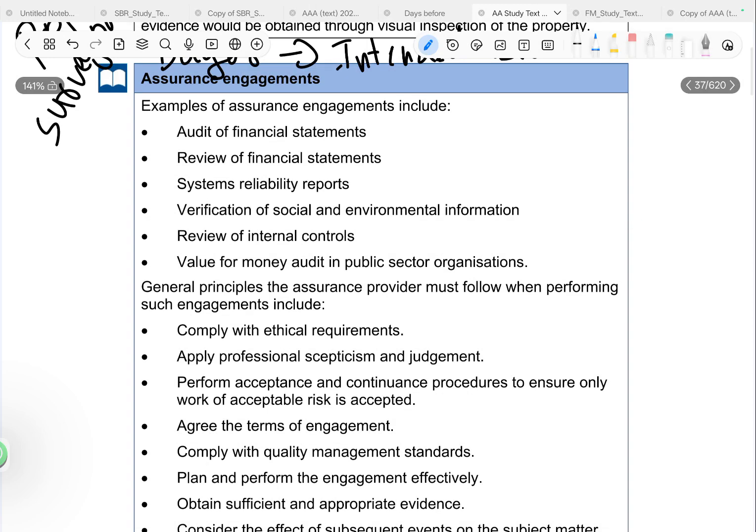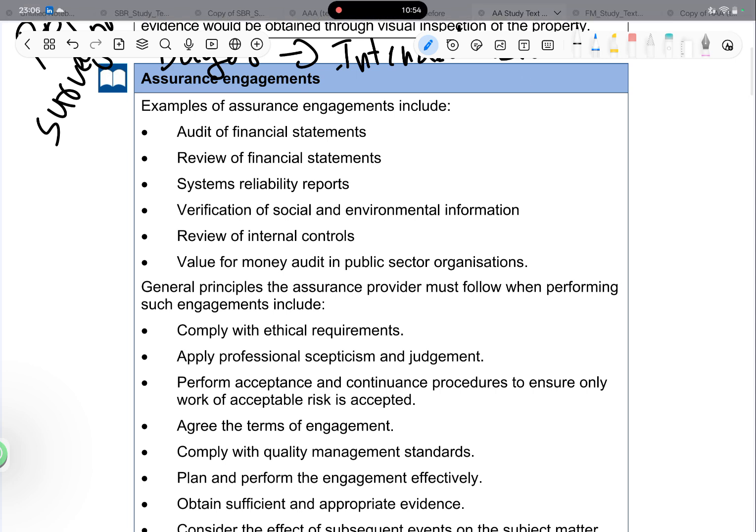Now, let's look at some common examples of assurance engagement. The most well known example is the audit of financial statements, where auditors check whether financial statements present a true and fair view. Another example is review of financial statements, which provides a lower level of assurance compared to a full audit. We can also have systems reliability reports, where professionals assess whether a company's systems are reliable and functioning properly.